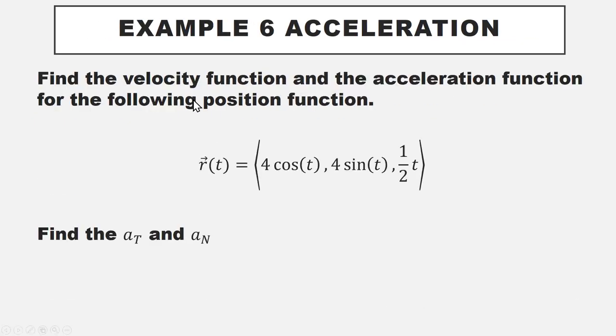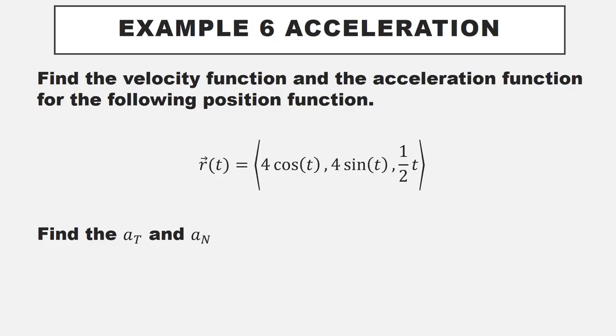So let's take a look at this example. We'll find the velocity function and the acceleration function for this position function, and then we'll calculate a sub t and a sub n. Now, on this one, we've already calculated our unit normal vector and our unit tangent vector.